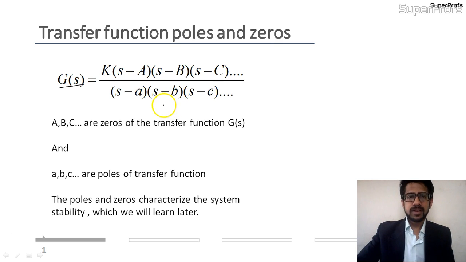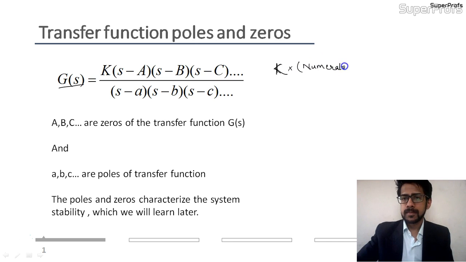As you can see, the transfer function G(s) is represented as a certain gain K times some numerator and divided by some denominator. So the form of transfer function here is of a fraction, and this very fraction is known as a transfer function polynomial.